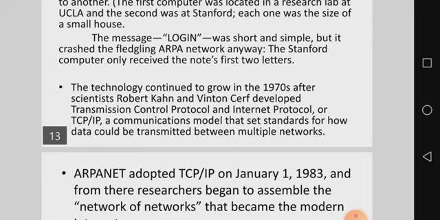Charles Babbage, you know already, is known as the father of the computer. So Robert Kahn and Vinton Cerf developed TCP/IP, a communications model that set standards for how data could be transmitted between multiple networks. This TCP/IP is a very important topic which we will discuss separately later on.